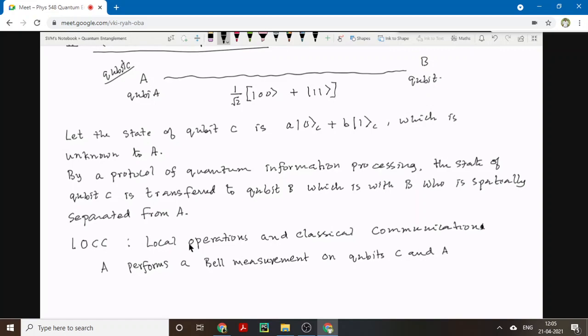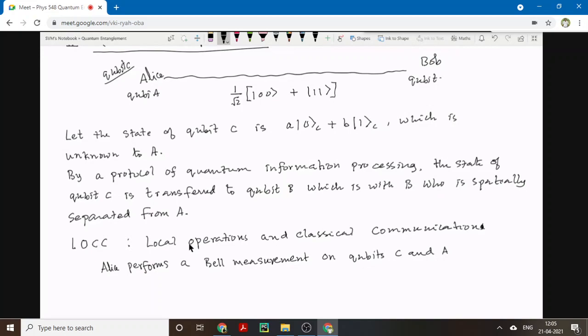Bell measurement is a 2-qubit measurement. If you are getting confused with C and A, these two characters are used in the literature: A is called Alice, B is called Bob. So let's say Alice performs a Bell measurement on qubits C and A.